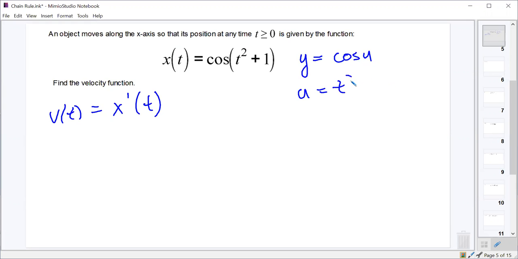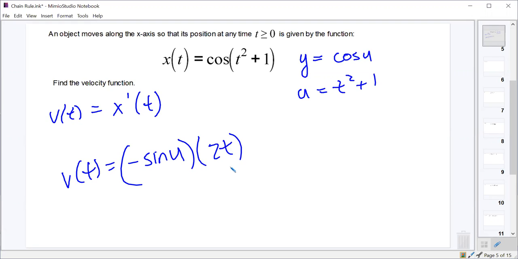Okay, so the derivative of cosine u is negative sine of u, and the derivative of t squared plus 1 is 2t.